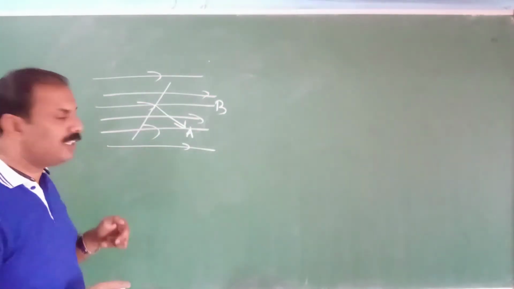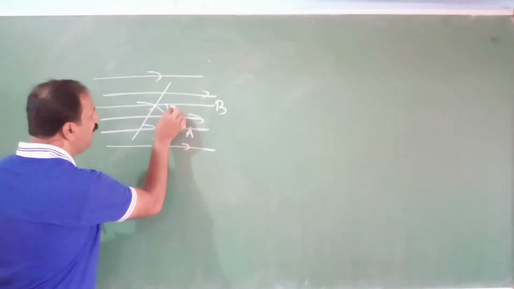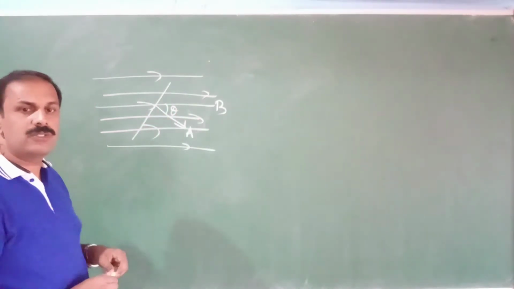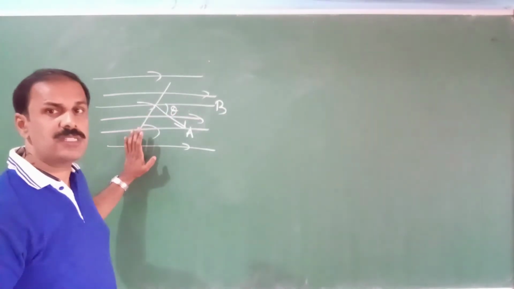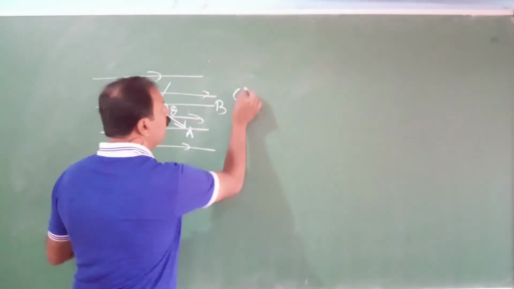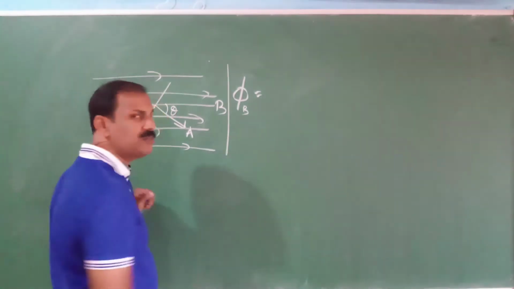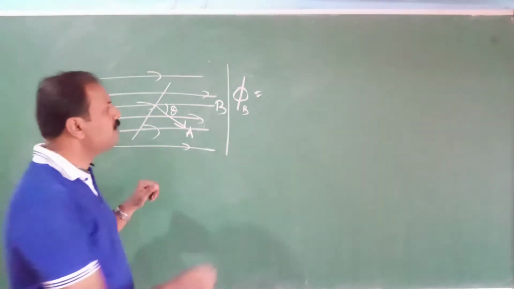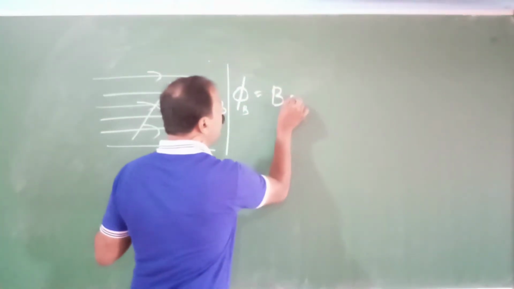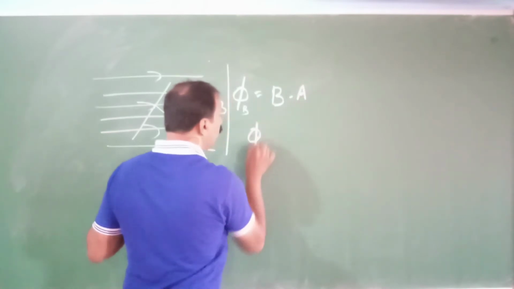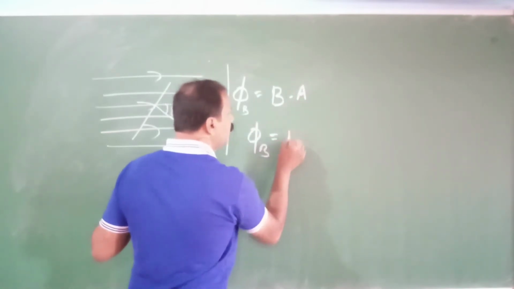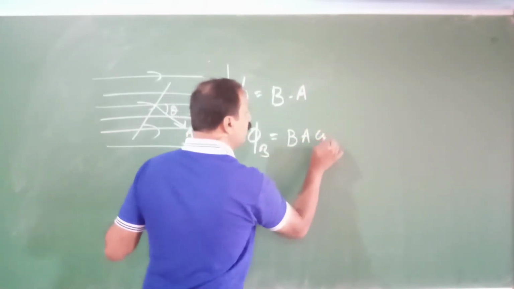Now this area vector makes an angle theta with the magnetic field. So now the magnetic flux, which you write as phi B, is defined as phi B equal to B dot A, or phi B equal to B A cos theta.